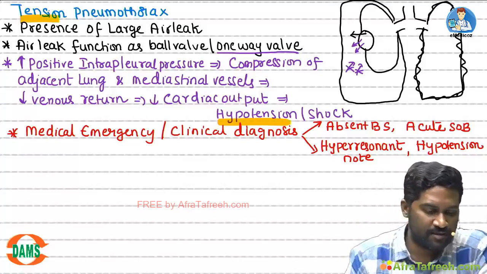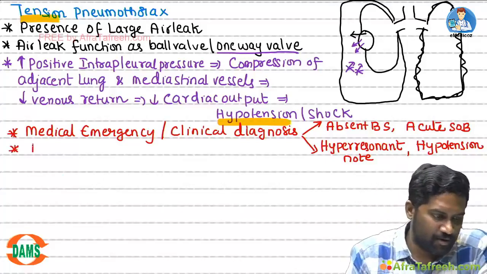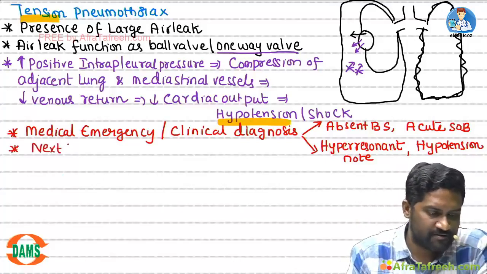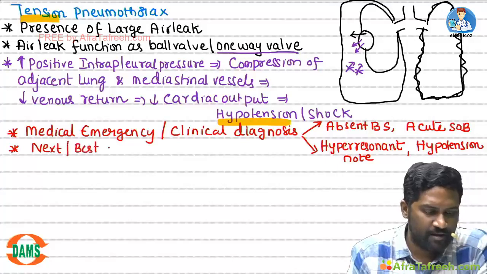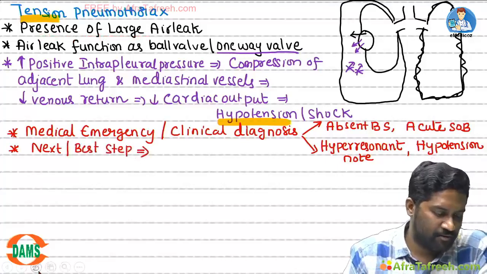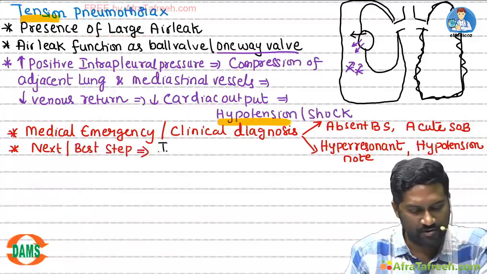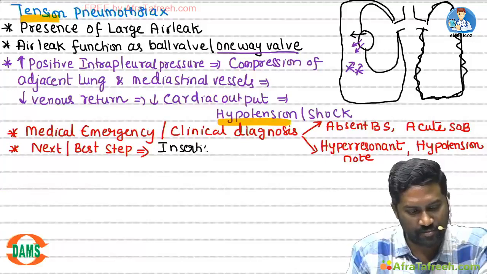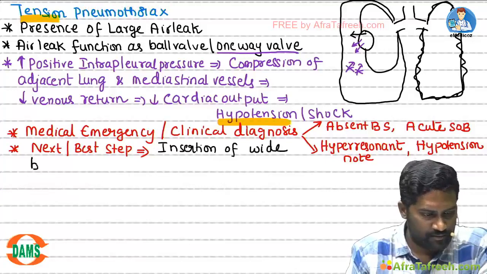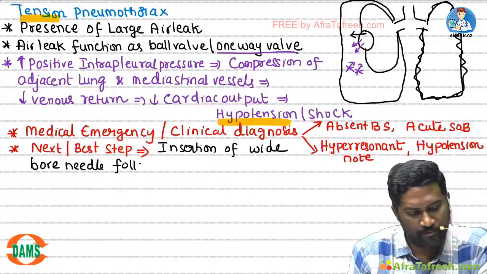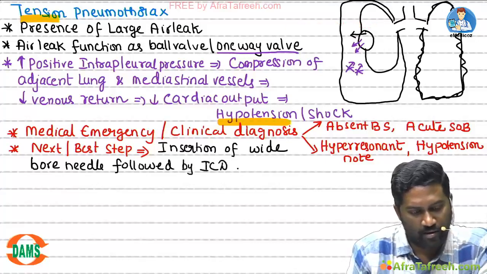And what will be the next step or best step? The next step or best step is always an intervention to save the life of the patient. What is that intervention? You should insert a wide bore needle, followed by an intercostal drain on the affected side.